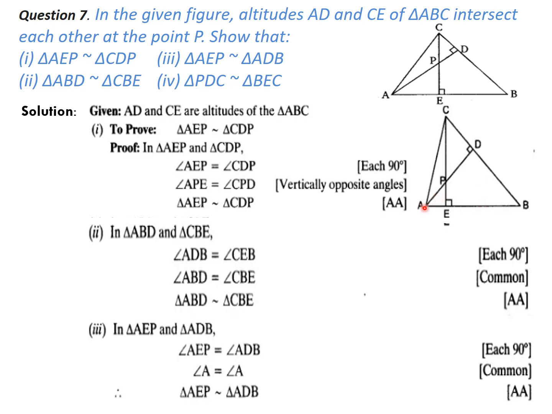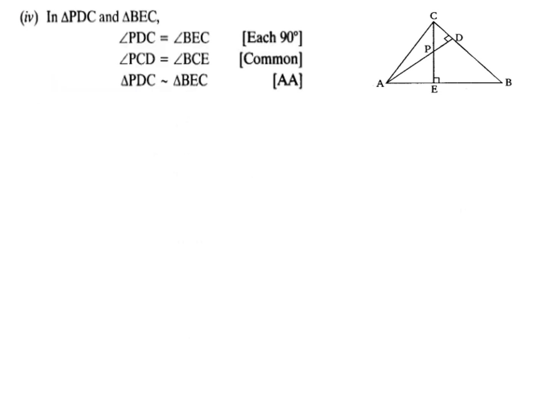To prove they are similar, we can see that in both the triangles we have angle A as a common angle, and here angle E is 90 and angle D is again 90 over here. So we can say that angle AEP is equal to angle ADB because they are 90, and angle A is common. Therefore, by AA similarity criterion, triangle AEP is similar to triangle ADB.